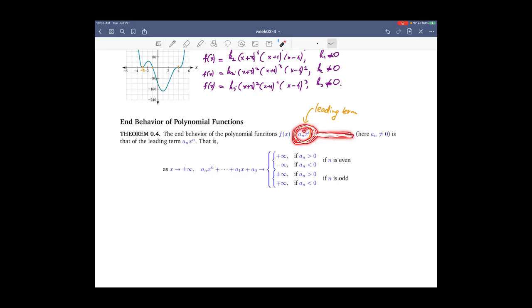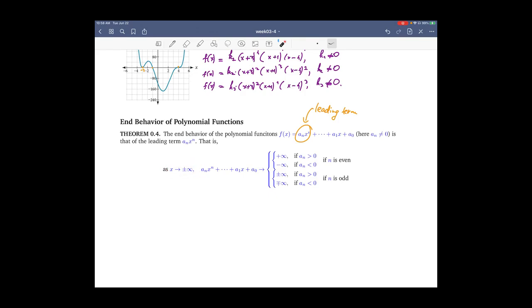We talked just now, a few minutes ago, that everything depends on the sign of the leading coefficient and the parity of the degree. If the degree is even, the end behavior of the entire polynomial is determined by the sign of a sub n. It's positive infinity if a sub n is positive and negative infinity if a sub n is negative, regardless of where x goes.